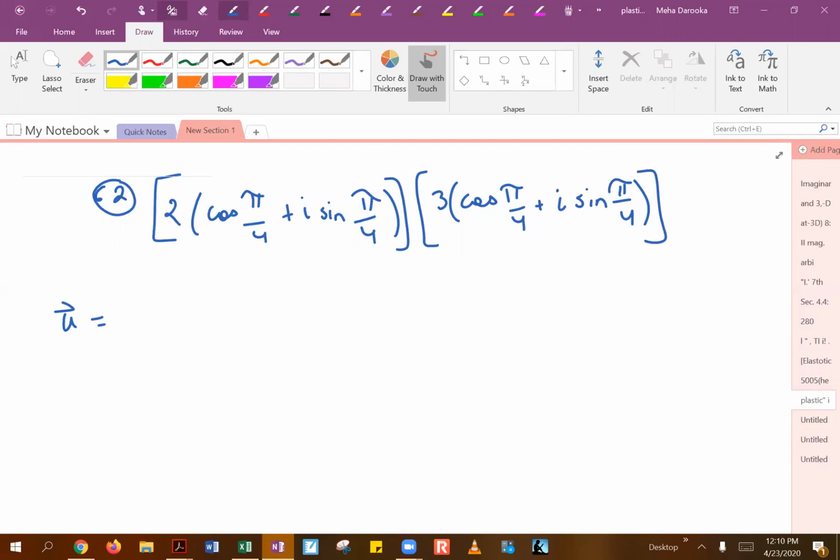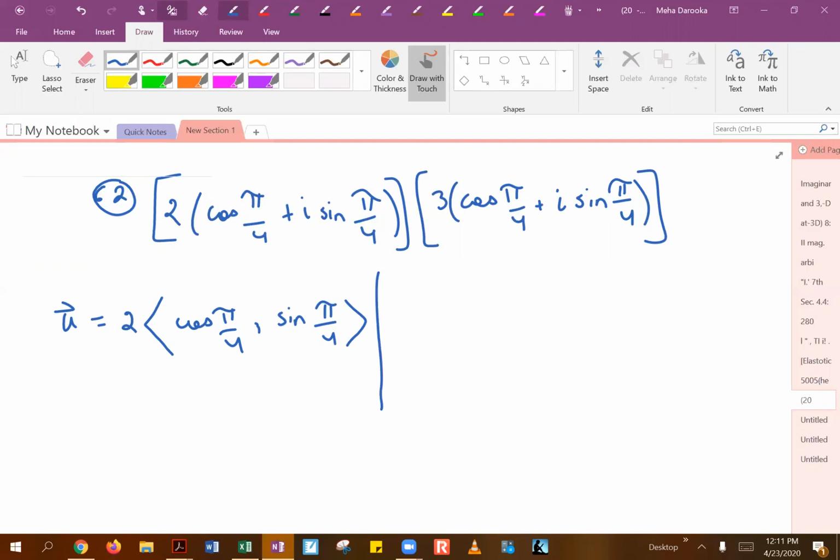Okay, so remember in vector form, we'll take the first complex number, and that would be 2 on the outside for that r value. And then these would be cosine of pi over 4 and sine of pi over 4.